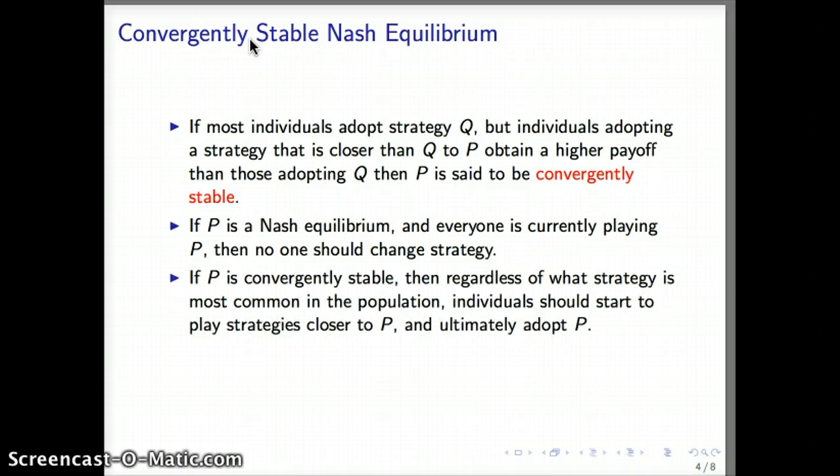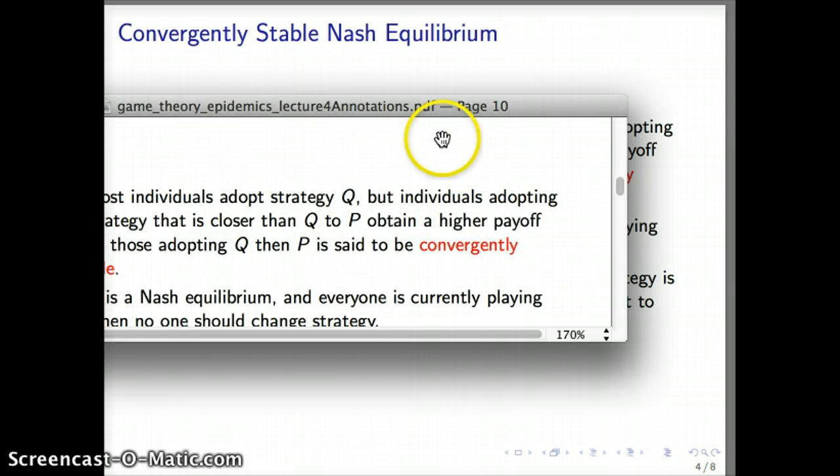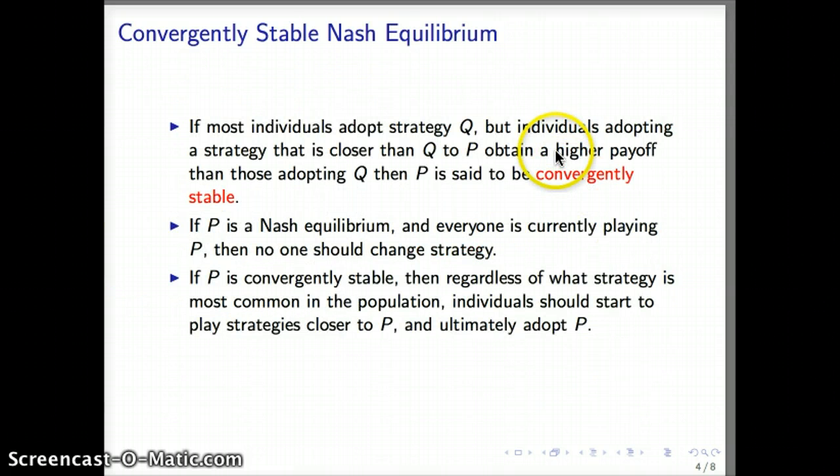Furthermore, if P is convergently stable, this idea has to do with dominance. When I say dominance, I am specifically referring to dominance over the quantification of payoff. Higher payoff drives which strategy is dominating over other strategies.